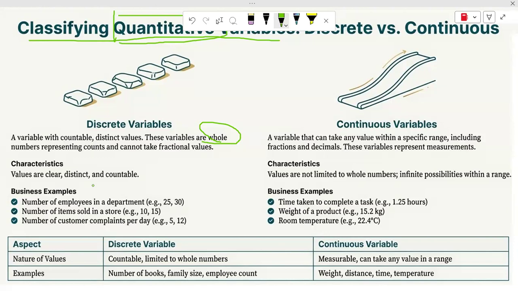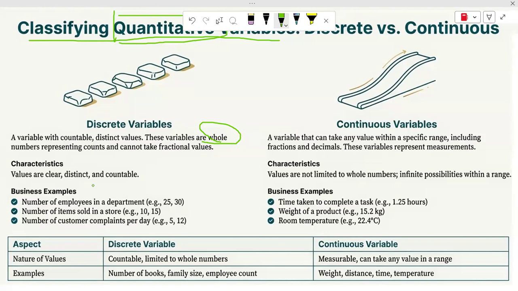Number of customer complaints per day: 5, 12, 20, 50 complaints per day. You cannot say 5.12 complaints, 7.53, or 10.06. You have to say it concretely in whole numbers. A countable number is a discrete variable.